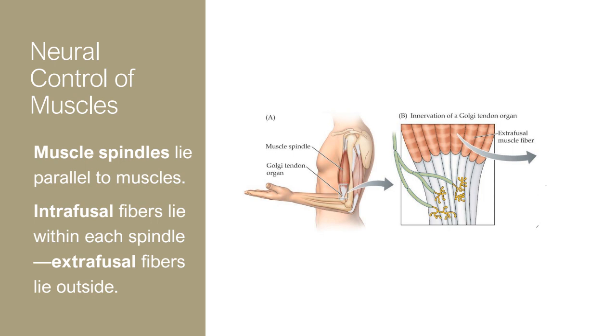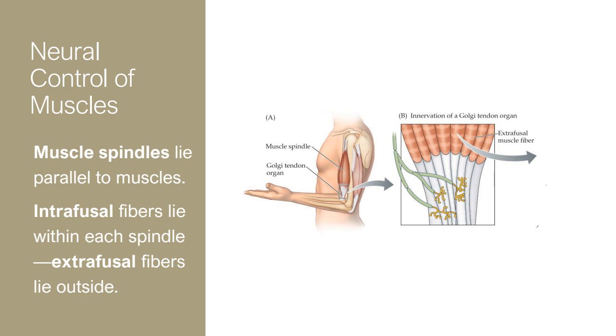The spindle gets its name from its shape because it does look like the spindle of a spinning wheel. Each muscle spindle contains about a dozen or so of these intrafusal muscle fibers, fusal being the Latin word for spindle, and intra meaning within. So these are the inner parts. These intrafusal fibers are located within the spindle.